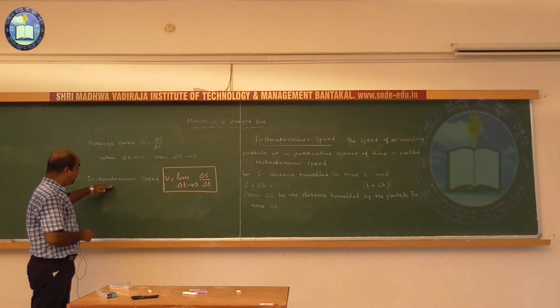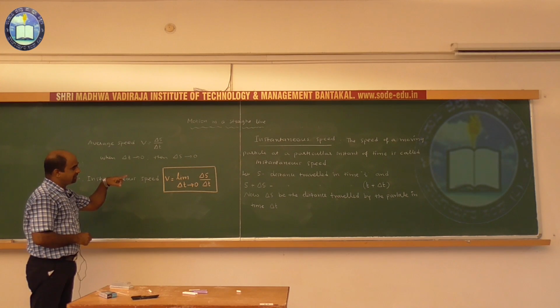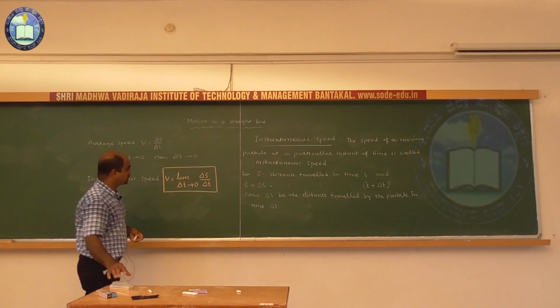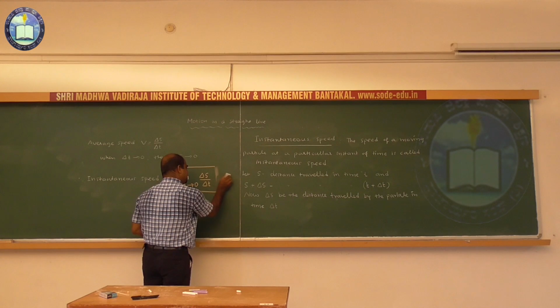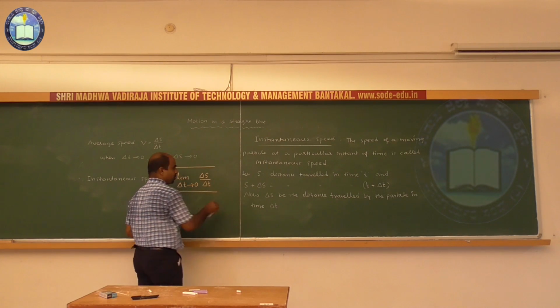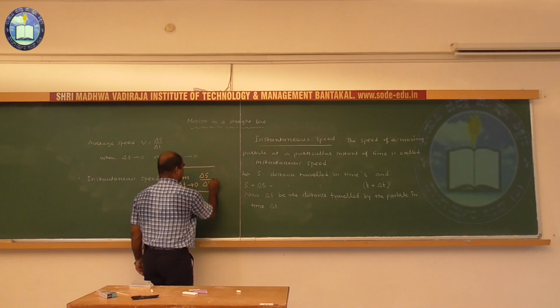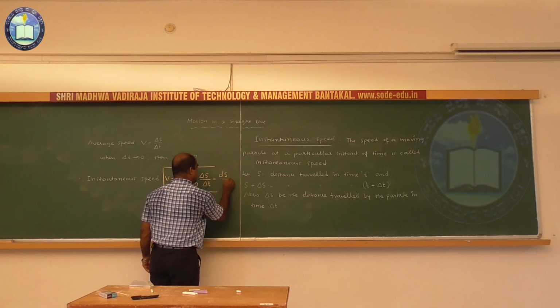Now, the instantaneous speed of the particle is given by V equal to the limit of delta t tends to 0 of delta S by delta t. The limit of delta S by delta t is equal to ds by dt. We study more about it in maths in the limit chapter.